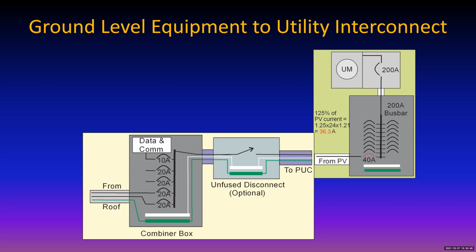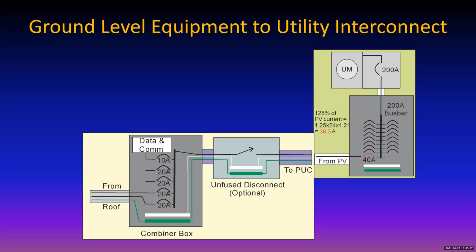And 125% of the PV current in this particular case, there's 24 modules, 1.21 amps each, and 125% of that is 36.3 amps. So we need a 40 amp circuit breaker for that.